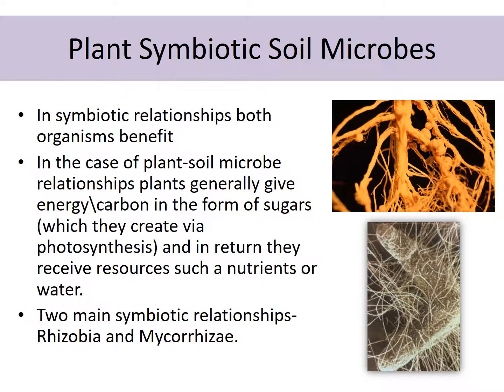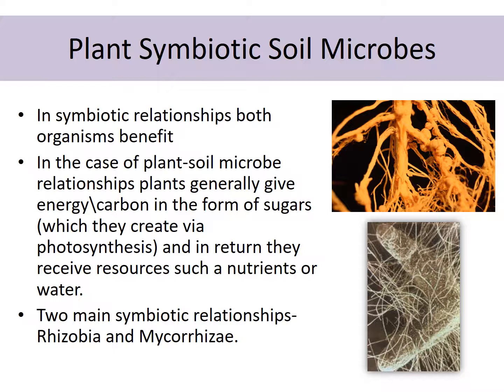So, for those who aren't aware, a symbiotic relationship between two organisms is one in which both benefit from their association. There are several different species of microbes that form these sort of relationships with plants. Generally, these relationships work along the lines of the plant gives carbohydrates, i.e. energy, to the microbes, which they're very good at creating from photosynthesis.